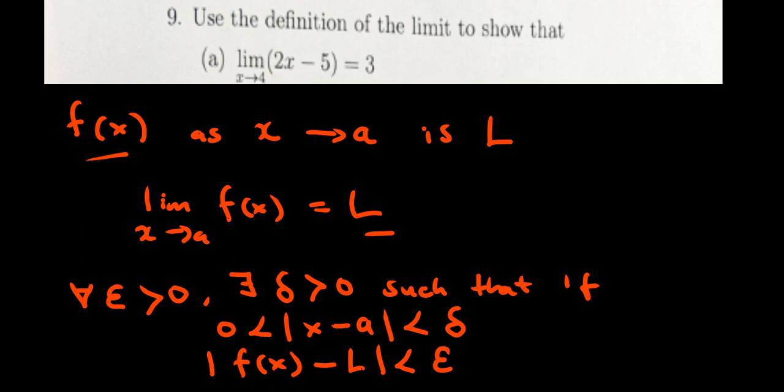So if I say my limit exists as I wrote in the first part here, we would say for every epsilon, no matter how small epsilon is, as long as epsilon is greater than 0, there will exist a corresponding delta also greater than 0 such that this statement that follows is true.